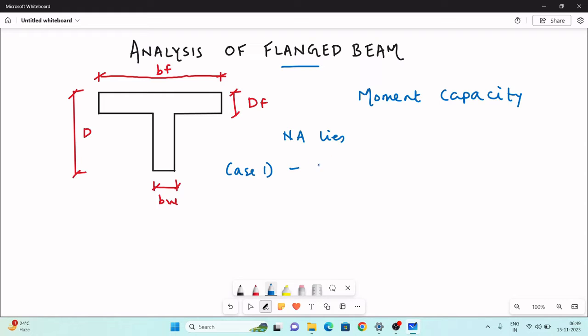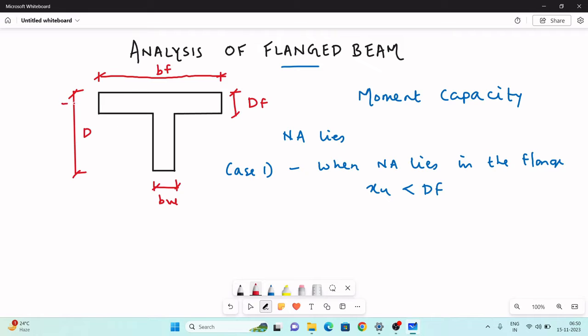Case number one, when the neutral axis lies in the flange, means xu, the depth of neutral axis, is less than DF, the depth of the flange. It lies in the flange here. This will be your xu.